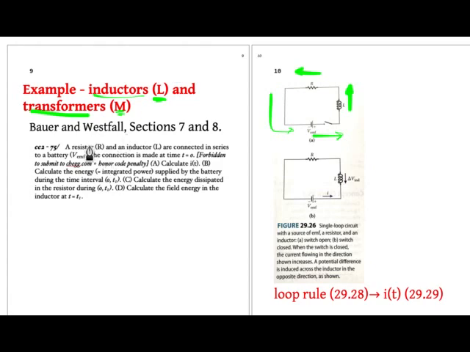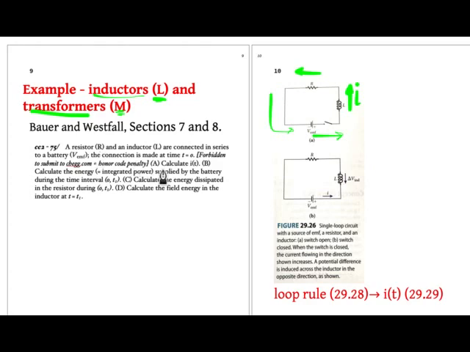So here's a problem. You have a resistor, an inductor, and a battery. Let's suppose that before I close the switch, there's no current, but suppose I close the switch at time 0. So there'll be a current starting at time 0.